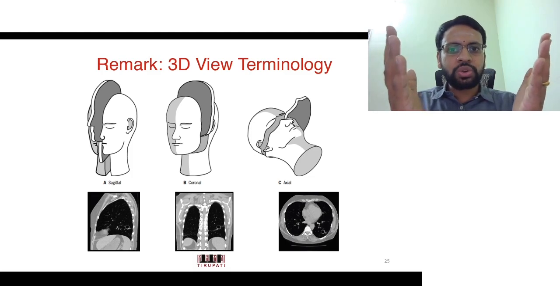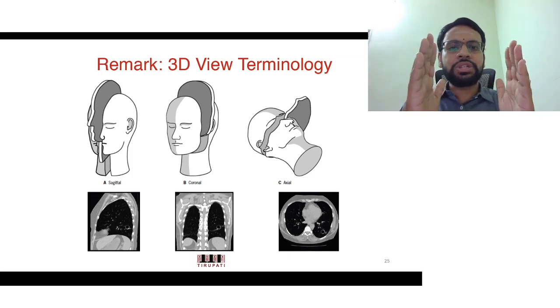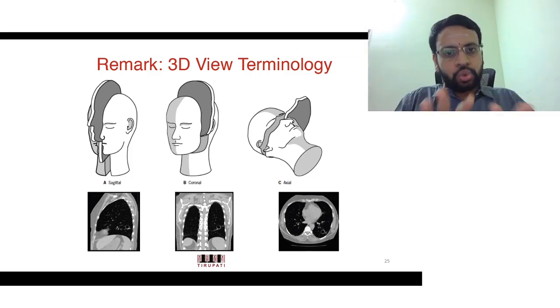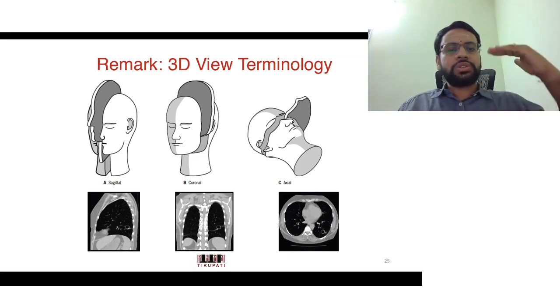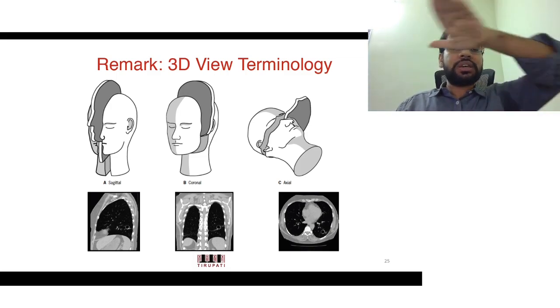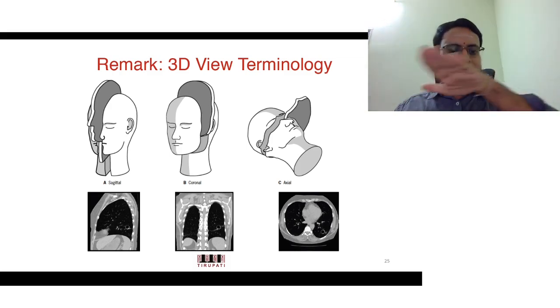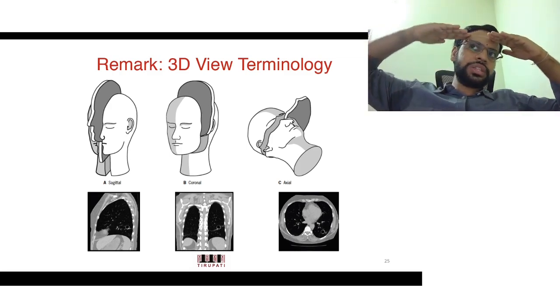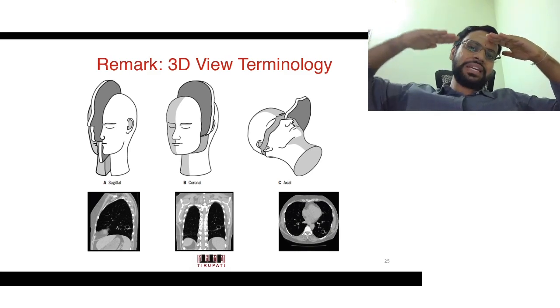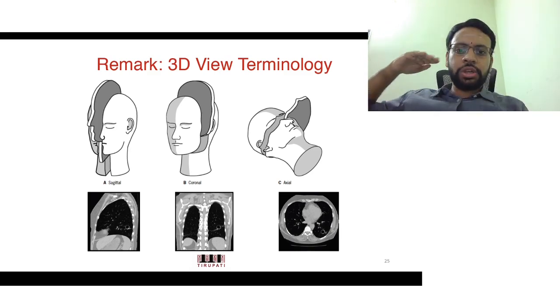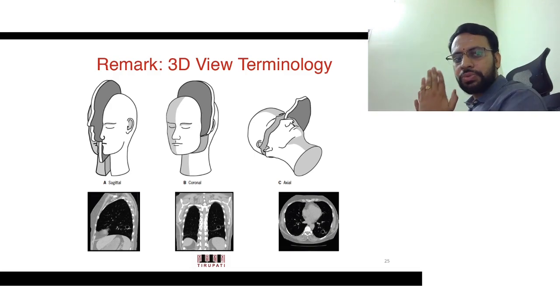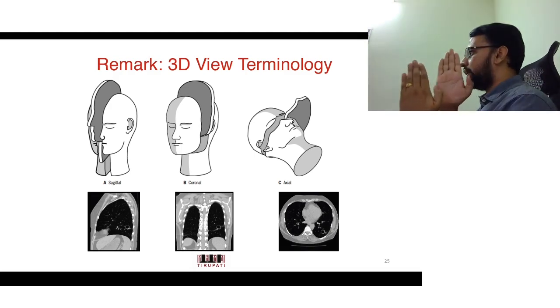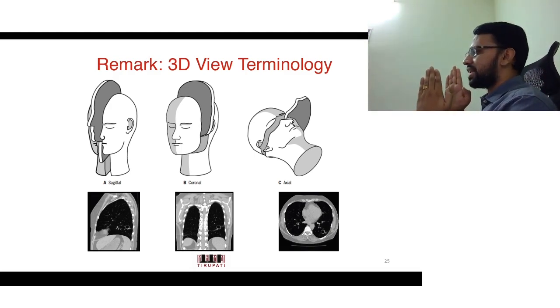For that, the information is seen in three 2D images, if I could put it so. Axial is like a slice. If you want to see the brain, this is usually referred to as the axial orientation. If you are looking from this viewpoint, this is sagittal.